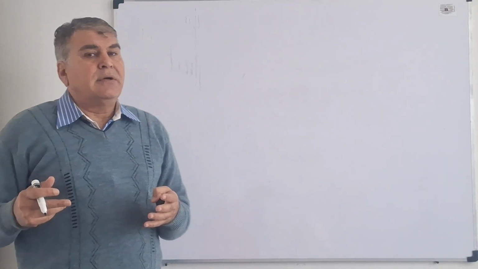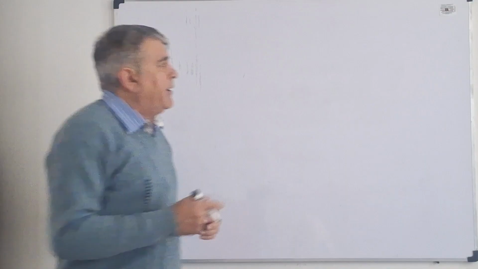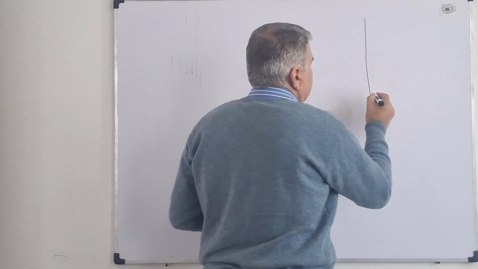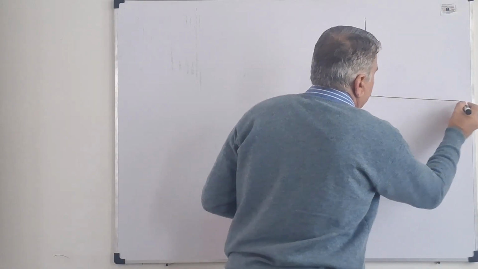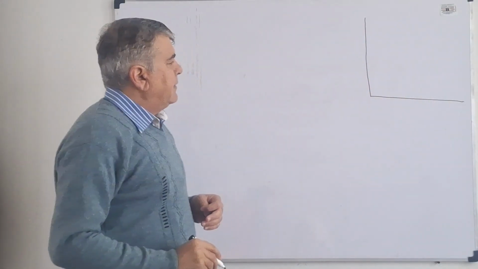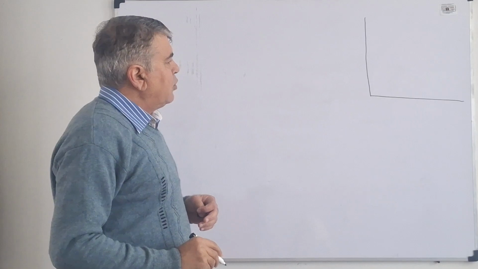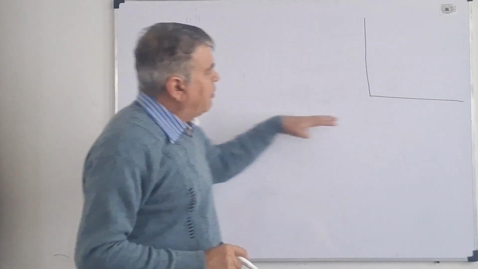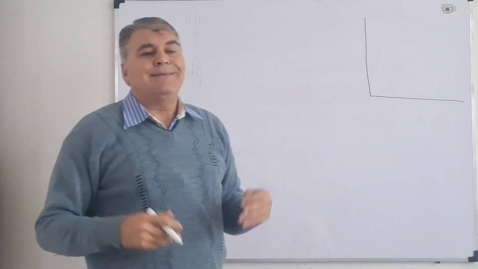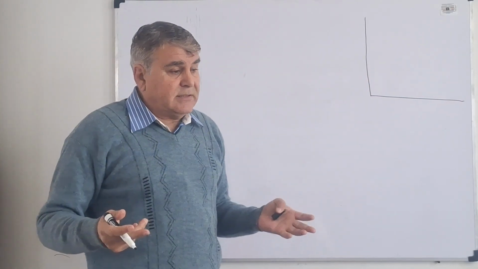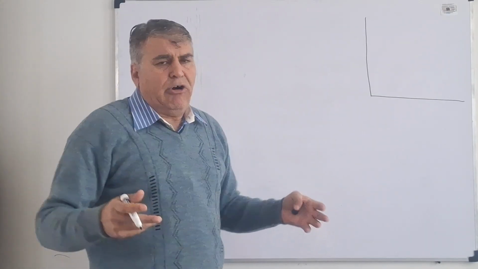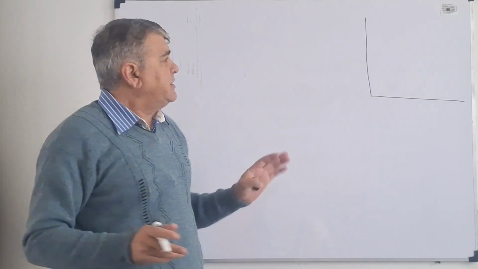So I consider a plane, and the ordinates could be any physical quantities. For example, the horizontal axis could be time, velocity, position, angular displacement, or any other physical quantity.